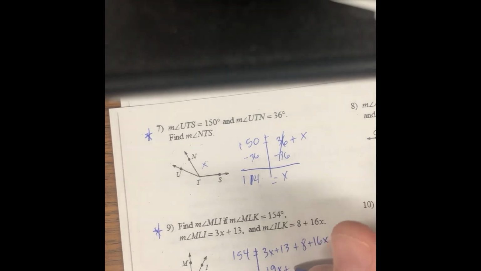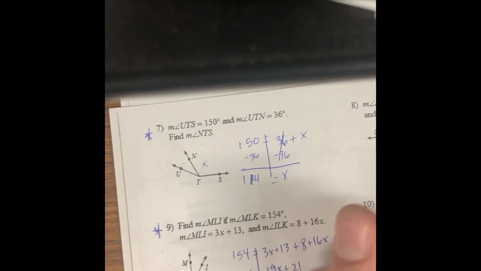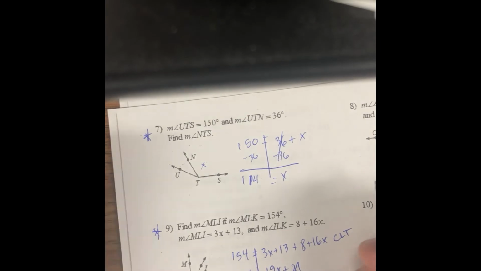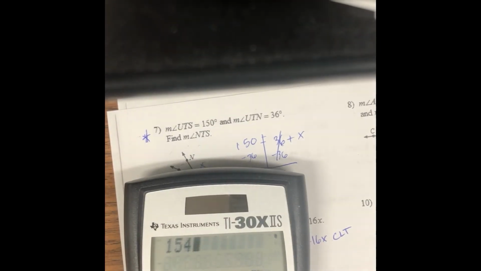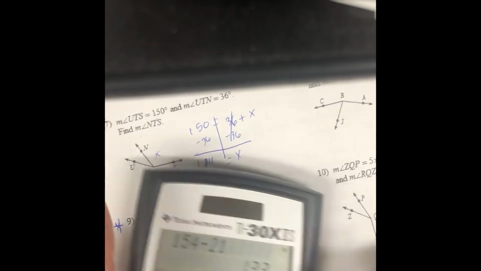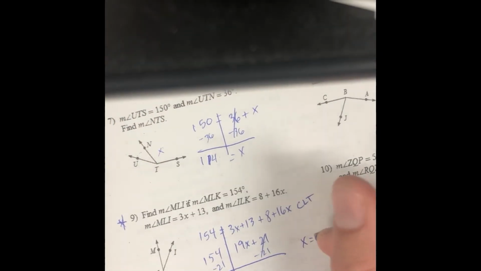And 13 plus 8 is 21. And then it's a two-step problem, so minus 21. And that's 133. And then 19x, so divide by 19. 7. So x is equal to 7.